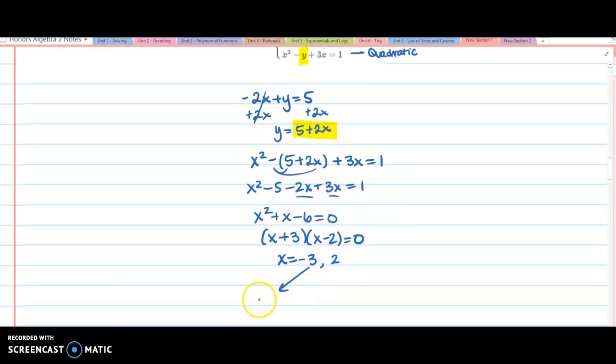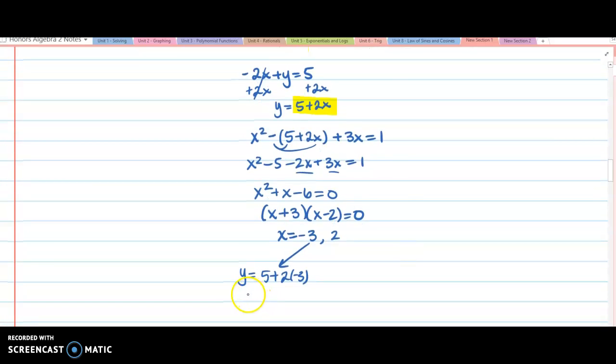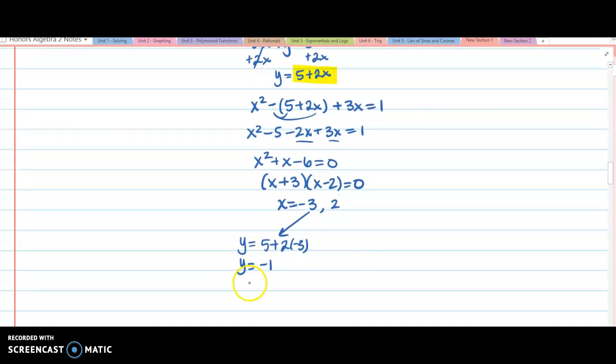In fact, I'm going to cheat a little bit and use the one that I've already solved for y because it's slightly less work. So that'll give me y equals 5 minus 6 is negative 1. So that is the ordered pair, negative 3, negative 1.